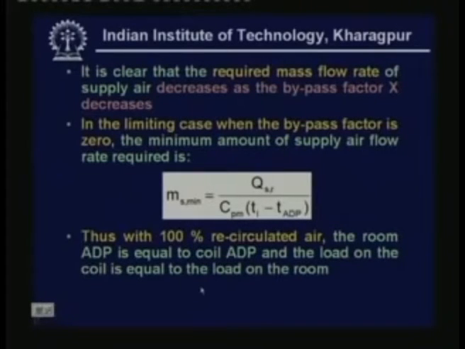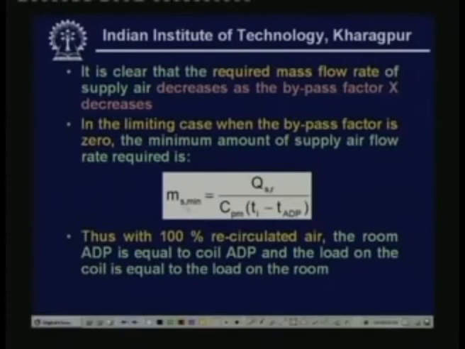In the limiting case, when the bypass factor is 0, the minimum amount of supply air flow rate required is given by this equation. This is the minimum amount of supply air required, equal to the sensible heat load on the building divided by the specific heat of the moist air multiplied by Ti minus TADP.